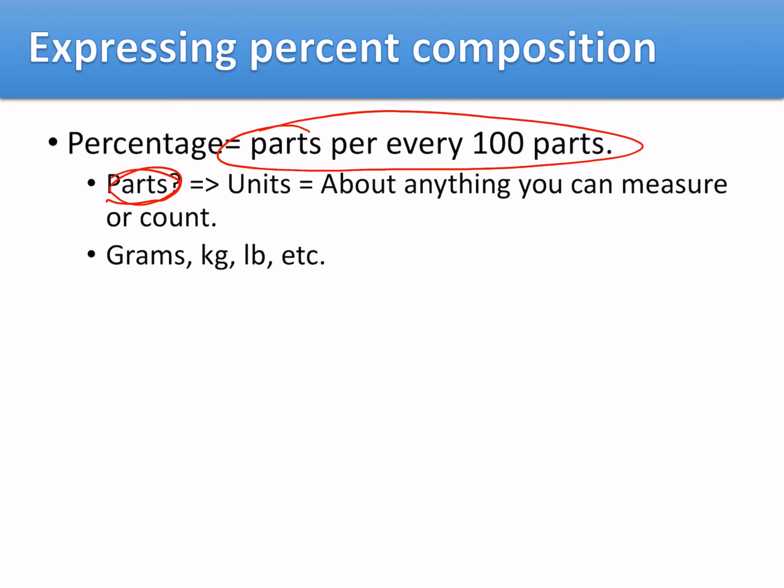For our particular purpose of expressing the percent composition of a compound, we are looking at grams primarily, but we can express that percent composition in actually any unit. You are dividing the same units, so you can express that percentage with any unit.